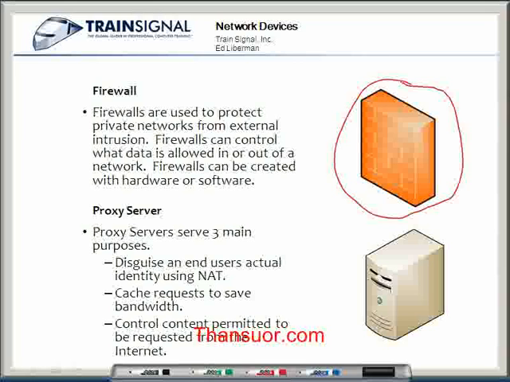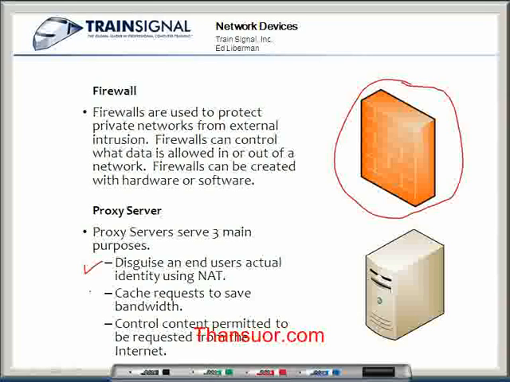Now, a proxy server is something that serves three main purposes. One is to disguise an end user, so within your internal network, disguise the end user or client computer's actual identity using NAT, Network Address Translation, which we spoke about in a previous video. So a proxy server is also a NAT server.